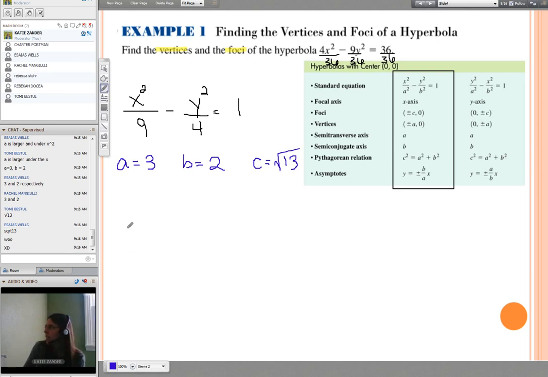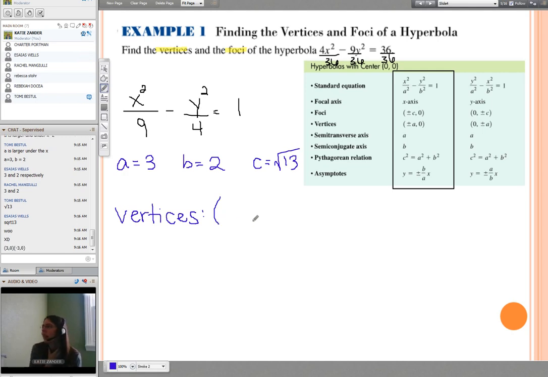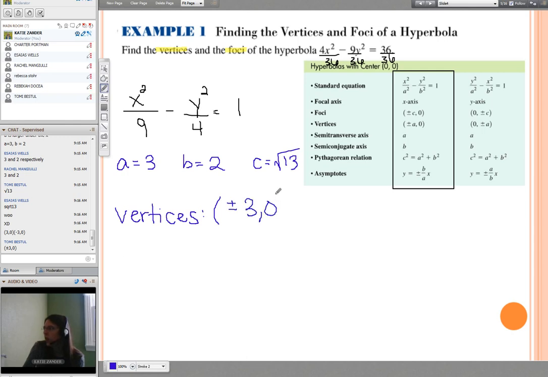The vertices right here, what are going to be my two vertices for this hyperbola? Yep, we do have two distinct points, plus or minus 3, comma 0, which is going to be your 3, 0 and negative 3, 0. All right, the foci is next.